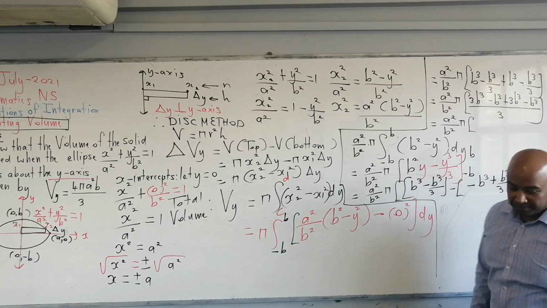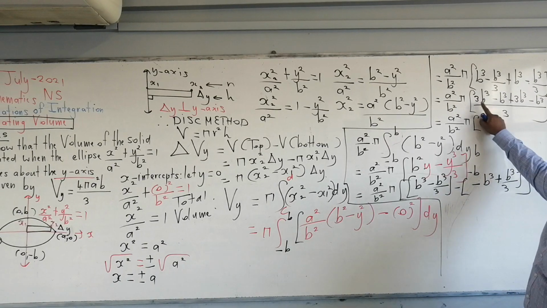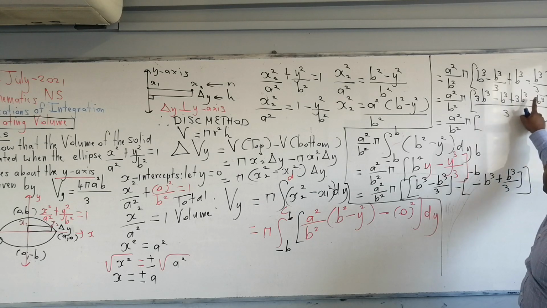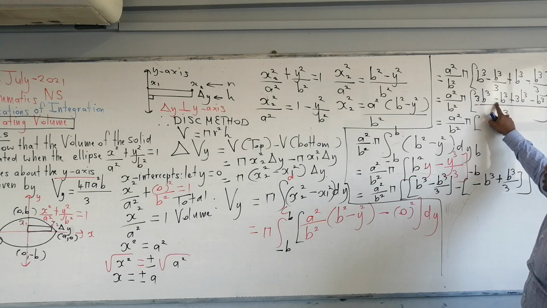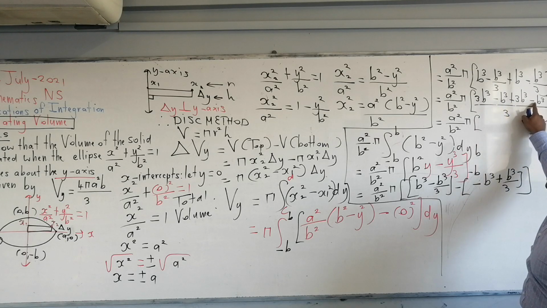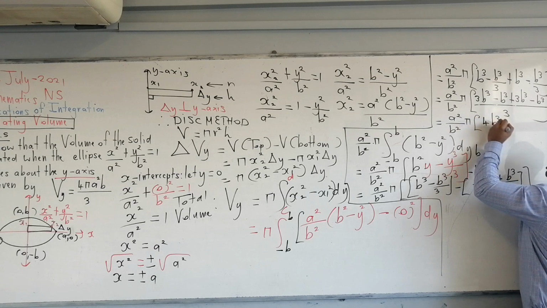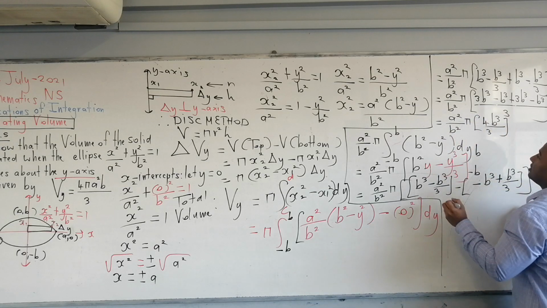Let's see what happens now. So I've got 3 minus 1 is 2, 2 plus 3 is 5, 5 minus 1 is 4. So we got 4b cubed over 3.